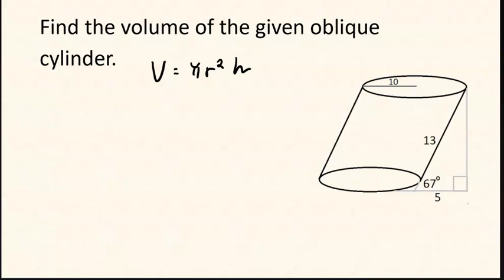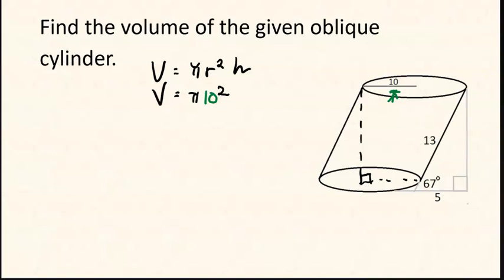So I need to find the actual height here and create a perpendicular situation. Kind of like that. That's what we want. I have a couple of choices here. They were very nice and they already gave me the radius. That is right here, so I'm going to plug that into the formula.